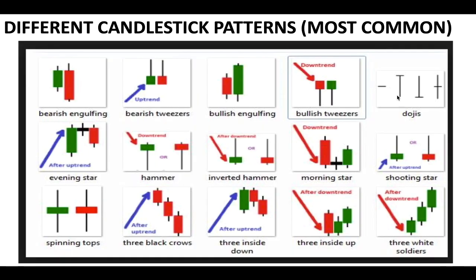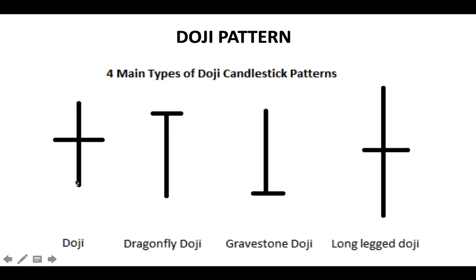The next pattern are your dojis. All right. So you've got the flatline doji, dragonfly doji, gravestone doji, and lastly is effectively just a doji. So there's a lot of indecision in the market with the doji. So your regular doji, the prices come up, prices decreased, and the session closed where it opened.